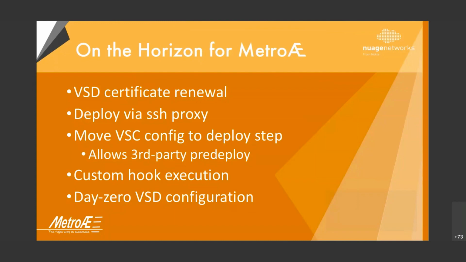We're also delivering a new feature that we call custom hook execution. I referred earlier to the fact that when we were working with BT, they wanted to execute things in between our playbooks. At their request, we've implemented custom hooks, which means you can execute any arbitrary script as part of the MetroAE execution.